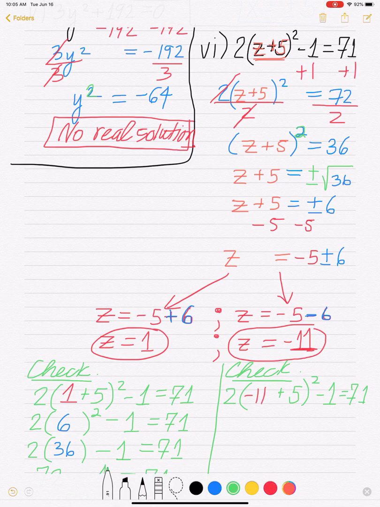So I'm going to keep the 2. I'm going to keep the square. I'm going to keep the minus 1 equals 71. And I'm going to do what's inside parentheses first, right? Please excuse my dear Aunt Sally. So first you do what's in parentheses. Negative 11 plus 5. Negative 11 plus 5 is negative 6.